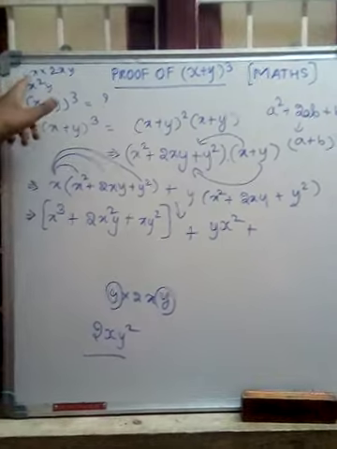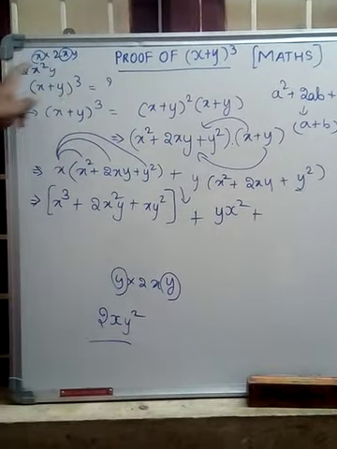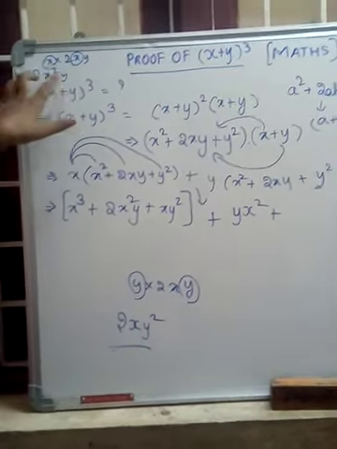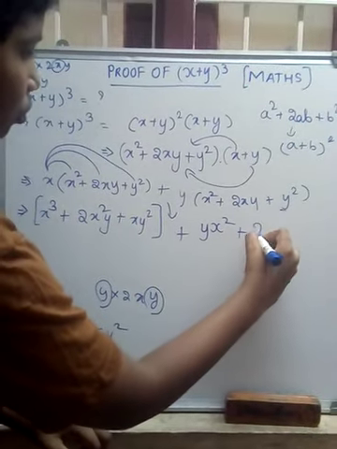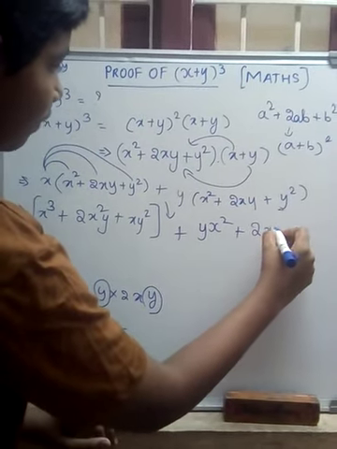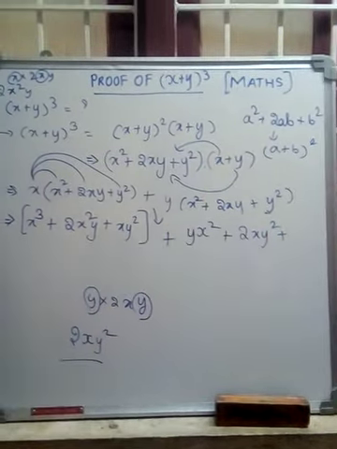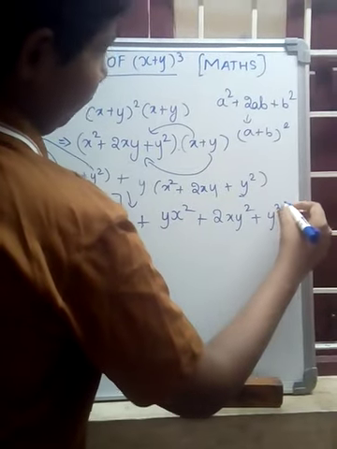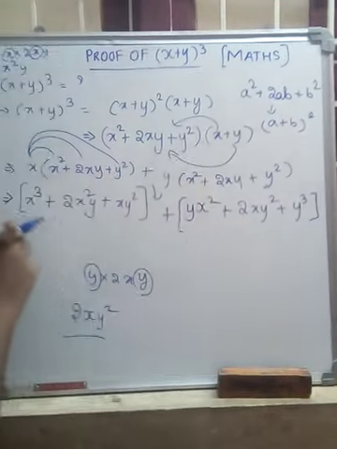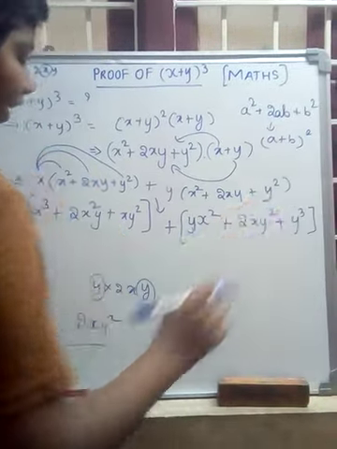Same here also, x, 2y will remain the same, x into x is x square, so 2x square y. Here 2x y square, plus y into y square, that is y cube. Here x into x square, x cube. Here y into y square, it is y cube.